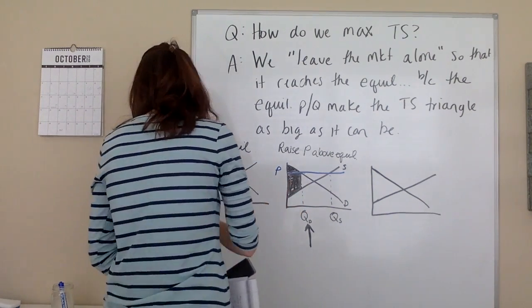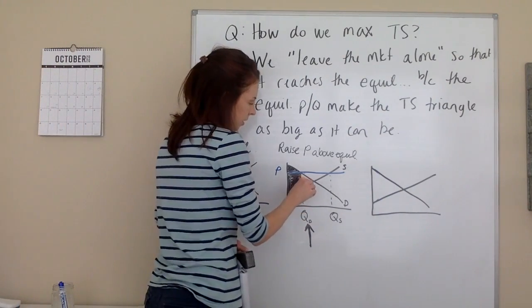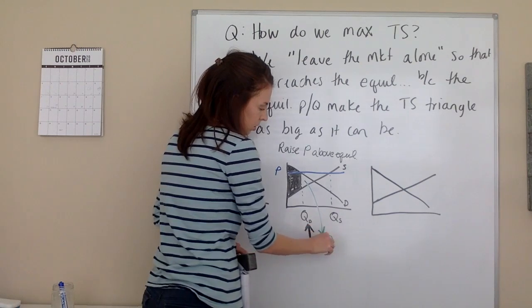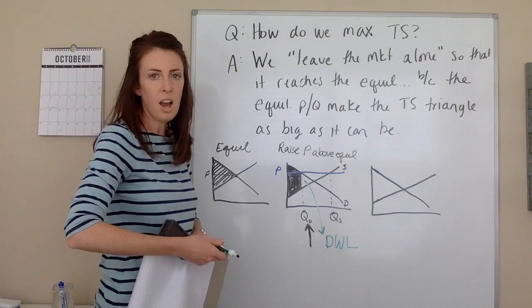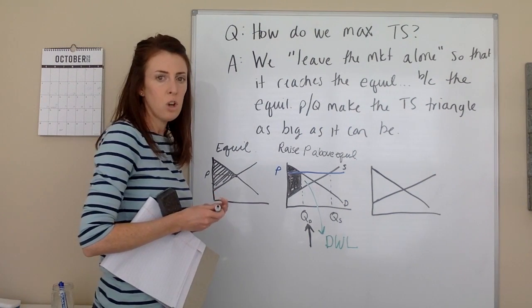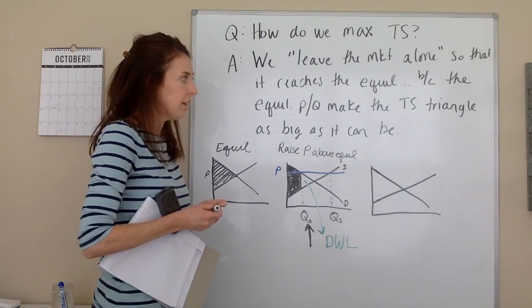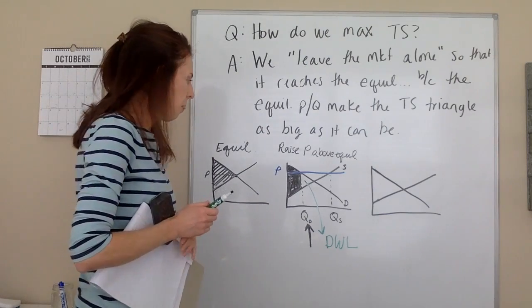So what we call the amount that we lose is deadweight loss. The idea of deadweight loss is that it's the surplus that is not realized because the market is distorted, and so some of the economic well-being that used to exist is no longer there, like it disappears.